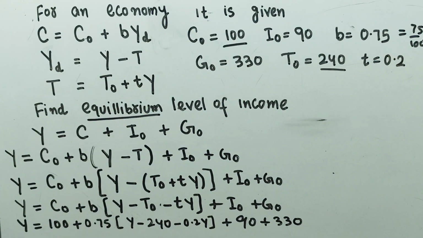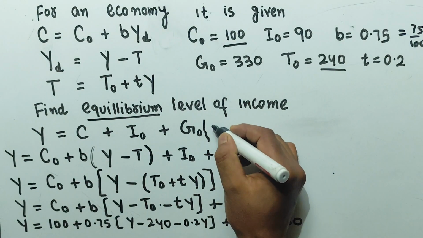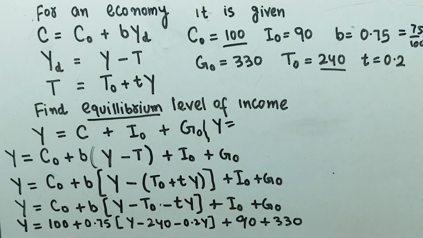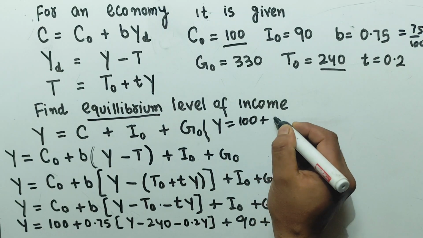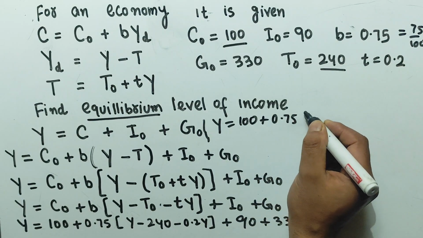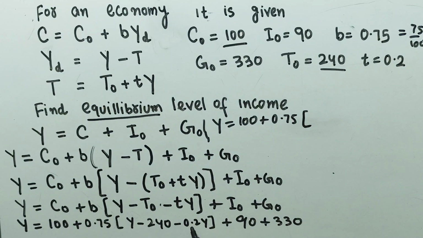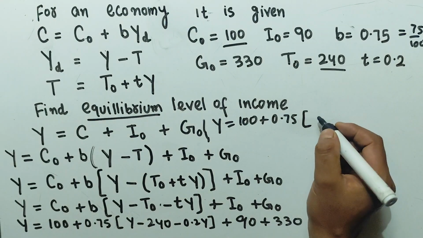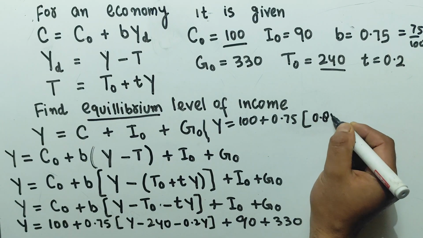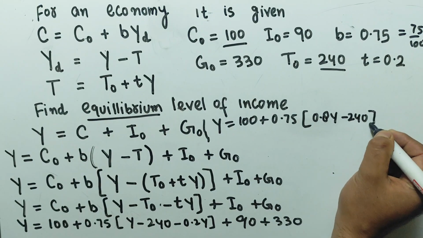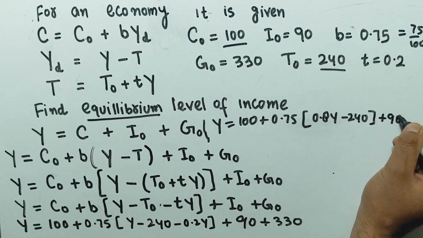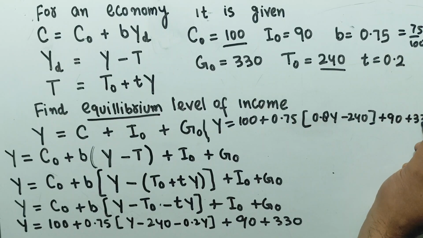Now solving further, we have y will be equal to 100 plus 0.75. Here we have y minus 0.2y, so it is 0.8y, then 0.8y minus 240, plus 90 plus 330.